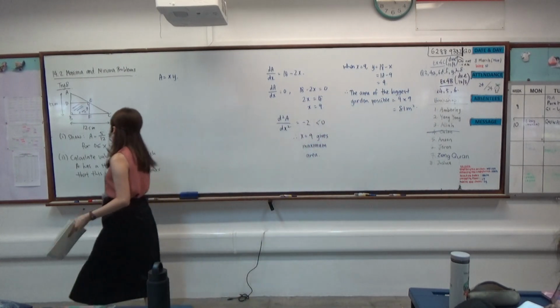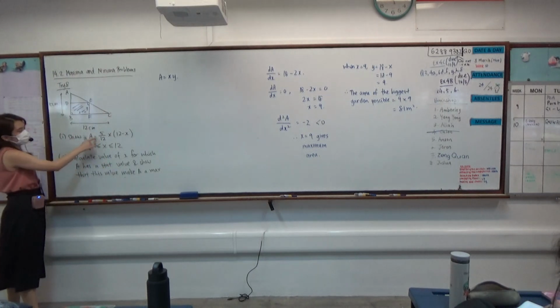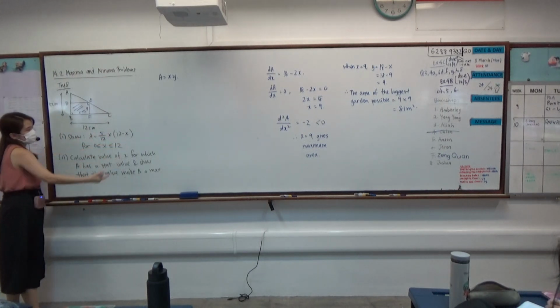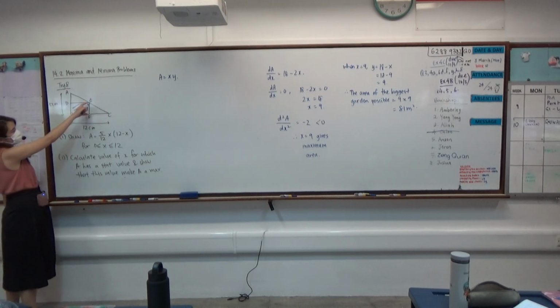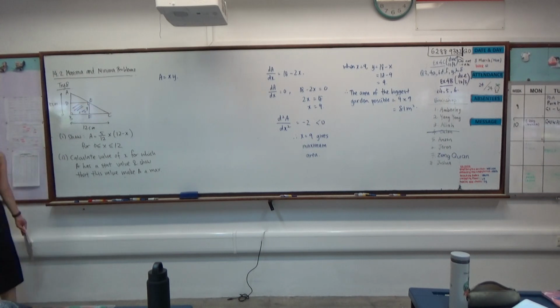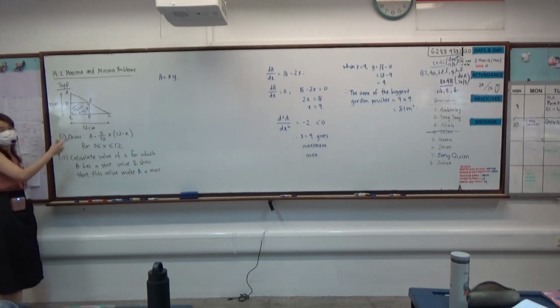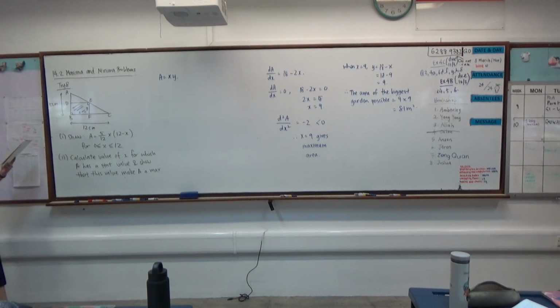But you notice that the area formula that we have over here is strictly in terms of x only. We do not have y involved, so we need to change the y to be in terms of x. Our y is actually on this part over here, so we need to draw some relation to x. Since this is a right angle triangle, maybe we could think about Pythagoras theorem.